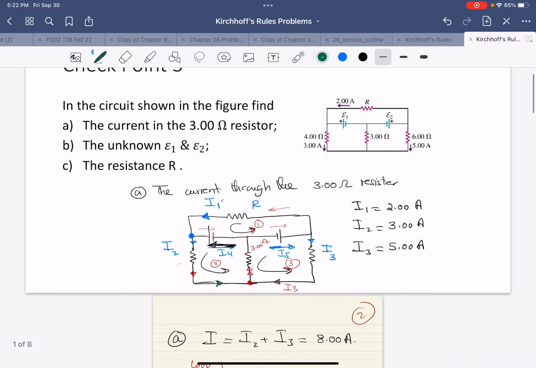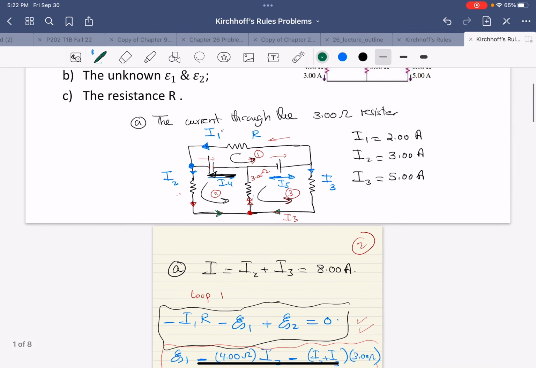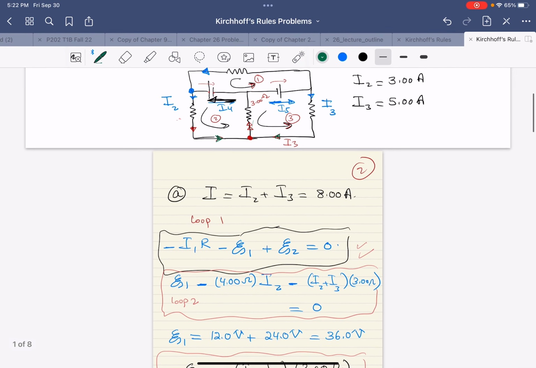Why is that? Because I know from the known values that I1 is 2 amperes, I2, the one through the 4 ohm resistor, is 3, and this one is 5. Then I added 3 plus 5 equals 8.